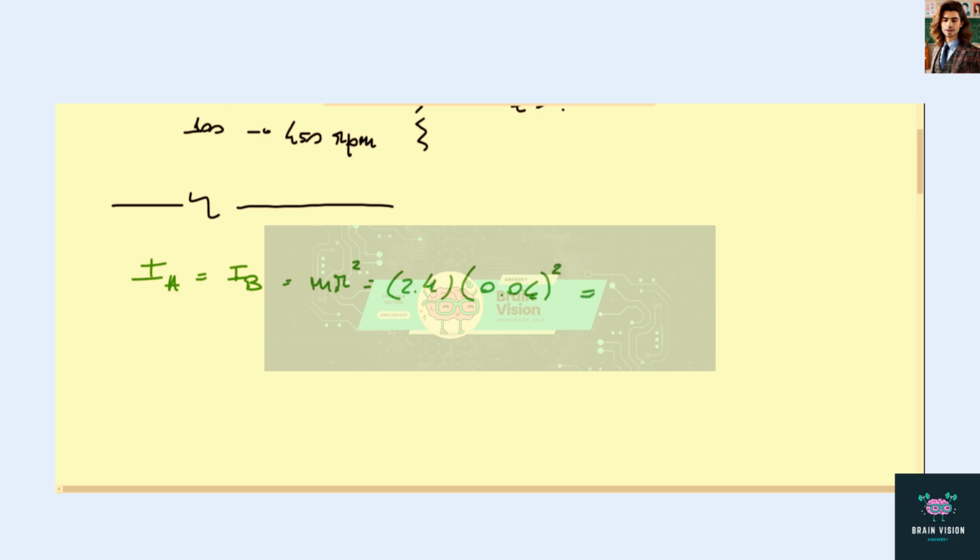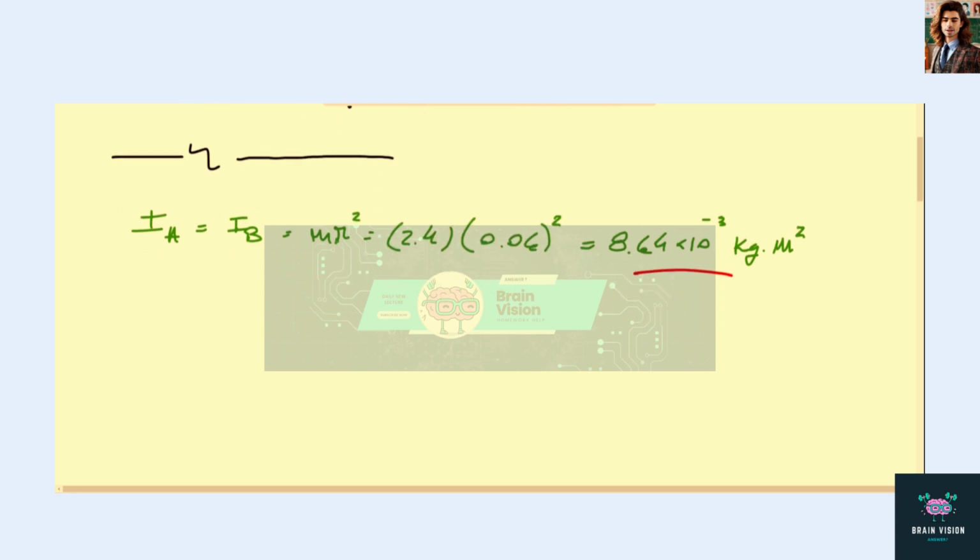Okay, that gives us a total of 8.64 times 10 to the minus 3 kilograms meters square. So that's the moment of inertia of the gear A and the gear B.